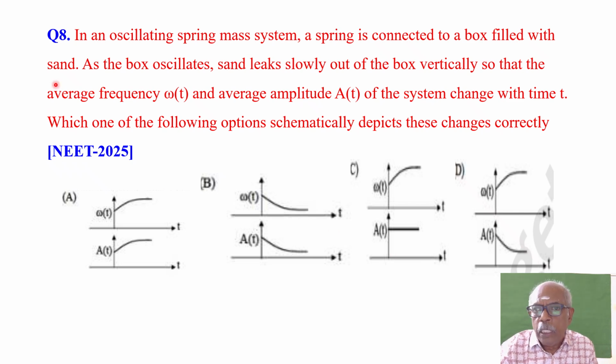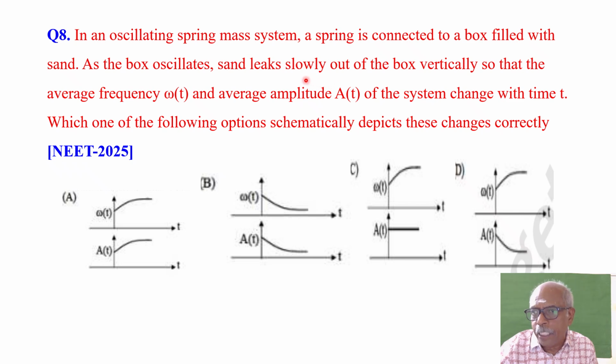So in an oscillating spring mass system, a spring is connected to a box filled with sand. As the box oscillates, sand leaks slowly out of the box vertically. There would have been a small hole in the box.